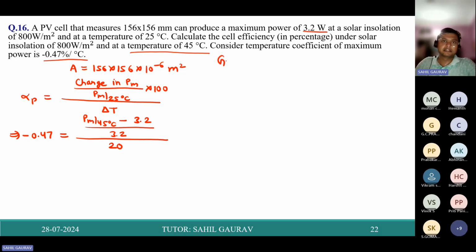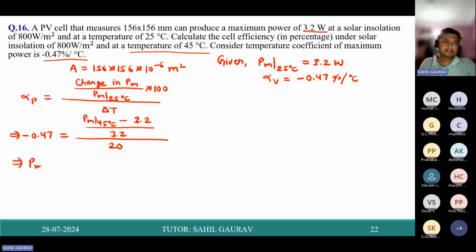So given data, you have PM, the maximum power at 25 degrees Celsius, is 3.2 watt, and you need to find the maximum power at 45 degrees Celsius. And this alpha P is also given as minus 0.47 percentage per degree Celsius.